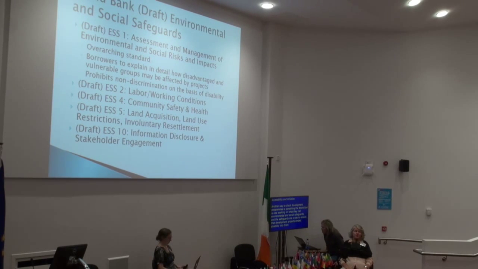They're in draft form at the moment, and they've been consulting around the world on the draft ESS, Environmental and Social Safeguards. Again, they're about identifying ways to embed accessibility and inclusion within development projects. So this is to give you a bit of a flavour.